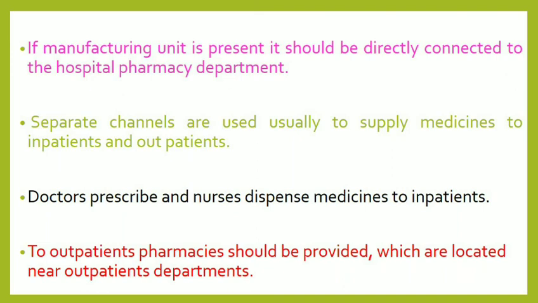Then separate channels are used usually to supply medicines to inpatients and outpatients. Doctors prescribe and nurses dispense medicines to inpatients, and to outpatients, pharmacies should be provided which are located near outpatient departments.